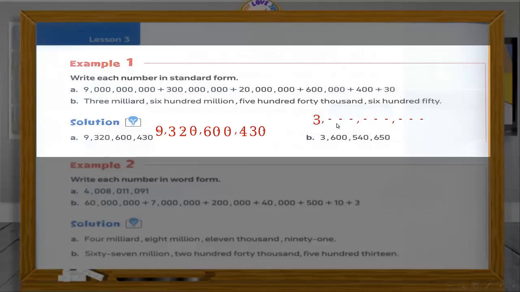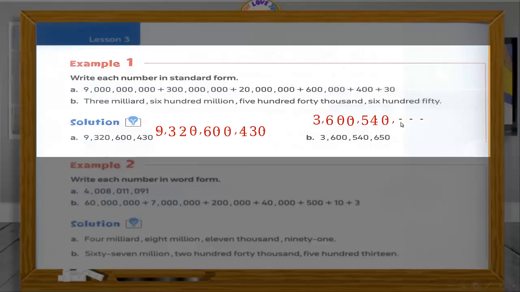In the hundred millions place, write 6. 540,000. We go to the next period. But here, in the ones and tens millions, nothing, write zeros. 540,000: 500, write 5 in the hundreds place. 44 in the 10,000 place, and nothing in the 1,000 place.